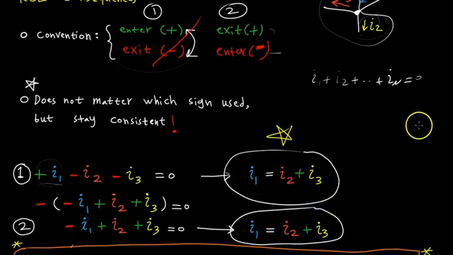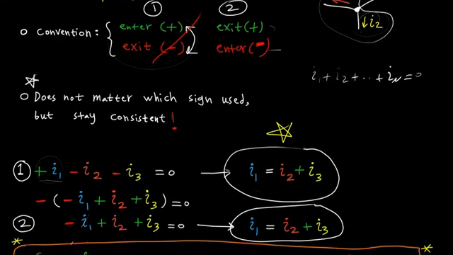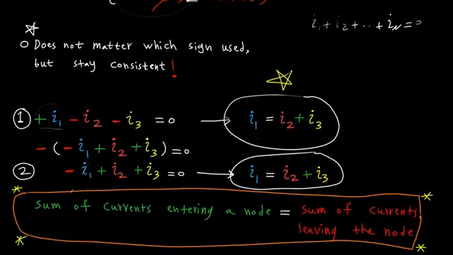What's important, again, is to stay consistent and identify the directionality in such a way that whatever enters the node gets one sign, and whatever exits the node gets the opposite sign. I think I'll beat that point to death, so let's move on and just summarize that point. The sum of currents entering a node must equal the sum of currents leaving the node. This is the alternative way of writing KCLs.